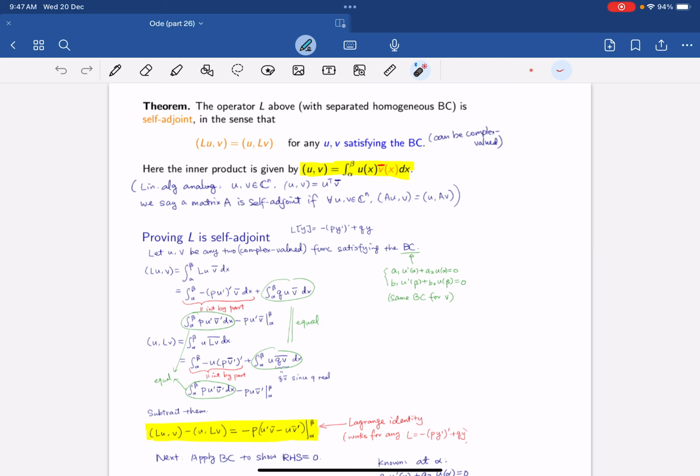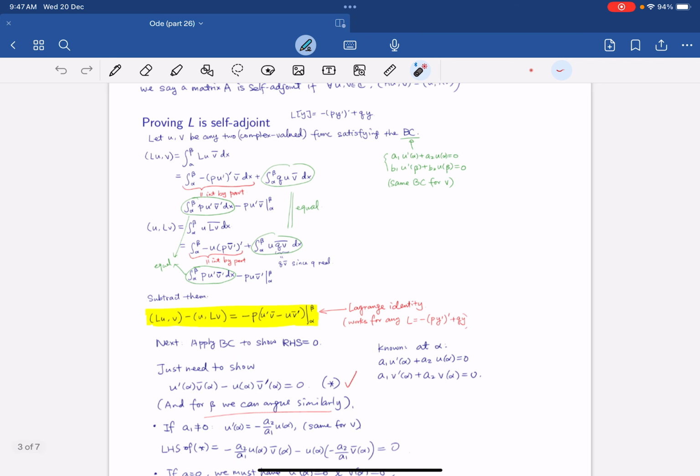So to prove that L is self-adjoint, we let the inner product of Lu and v, and we write it out, and then we use integration by parts to get the following over here. And then we write u, Lv and we see this.